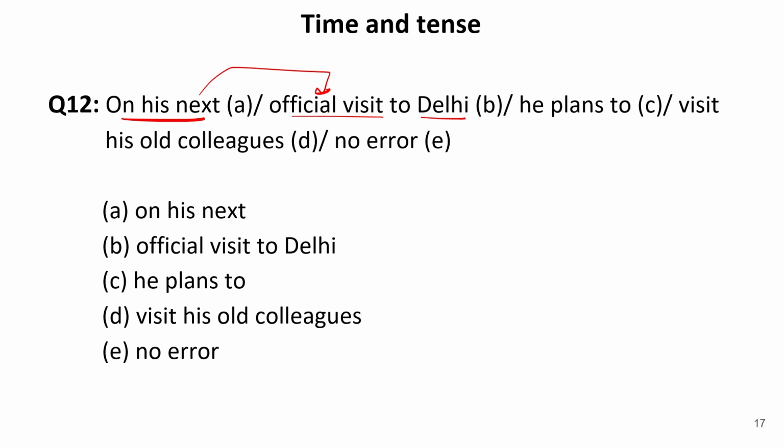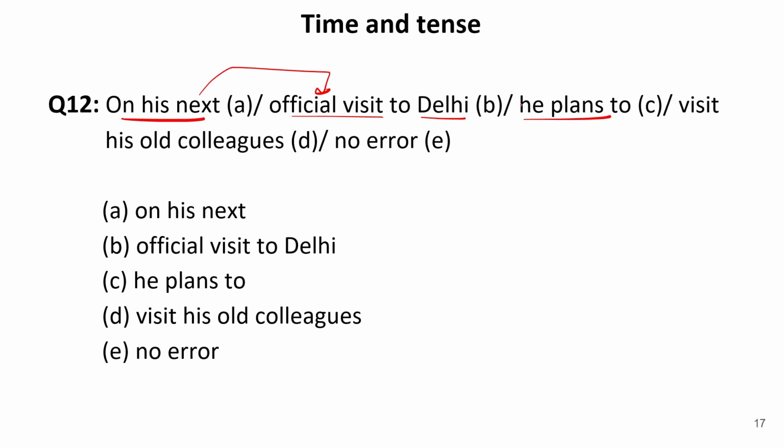He plans to visit. Now, "he plans" is present indefinite, and present indefinite is only used when we show something which is a near future, or which repeats every time, or at a particular interval. But here this part is incorrect according to grammar.